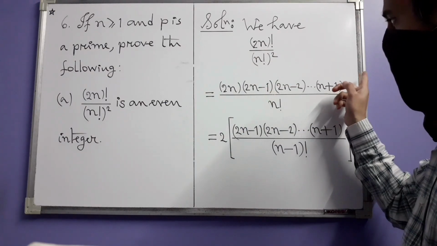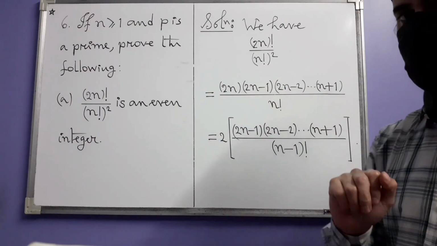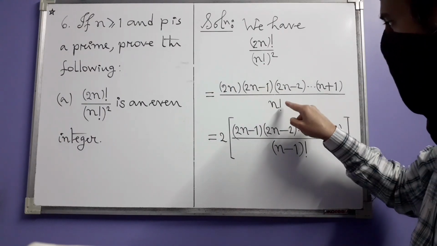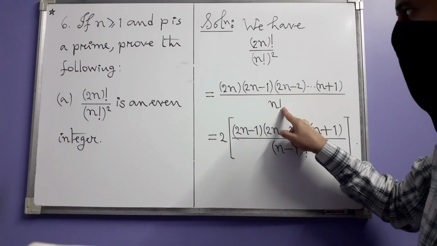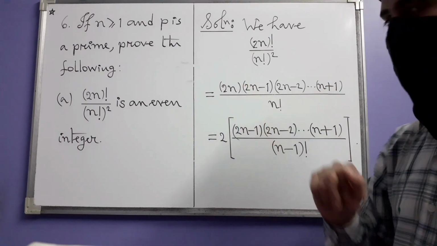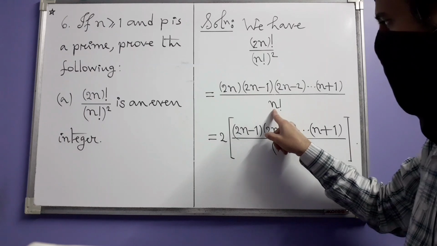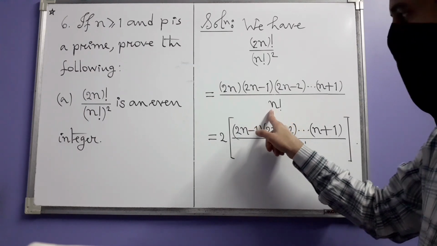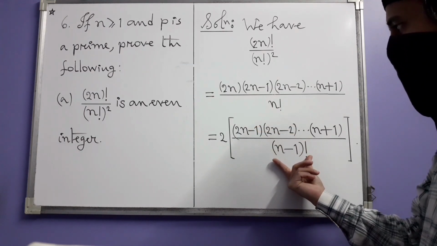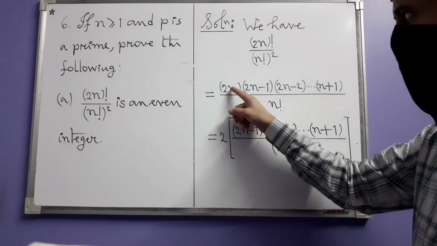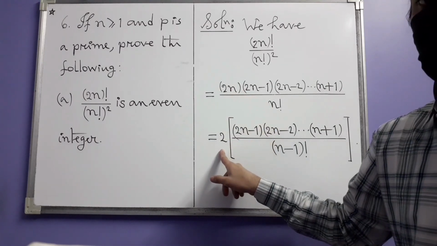But after cancelling that n factorial with one n factorial in the denominator, you have n factorial here. And then there is one more cancellation that you can do. You can cancel this n and another n that you have here, making the denominator n minus 1 factorial, and 2 has been kept outside.